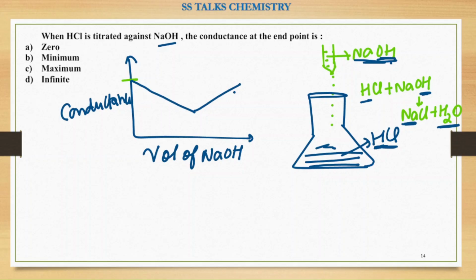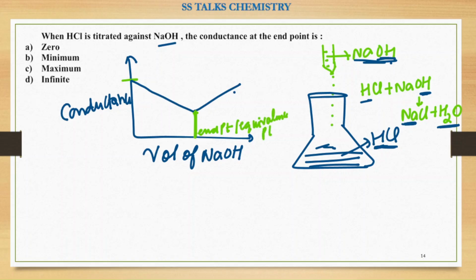So the point where we have achieved the equivalence point, or the end point, that is this one, where we have equal numbers of HCl and NaOH. You can call it the end point or the equivalence point.